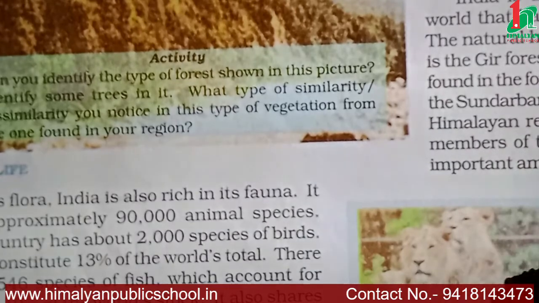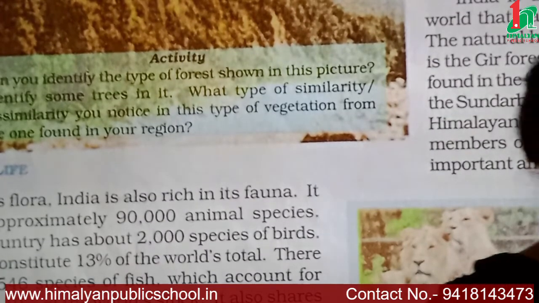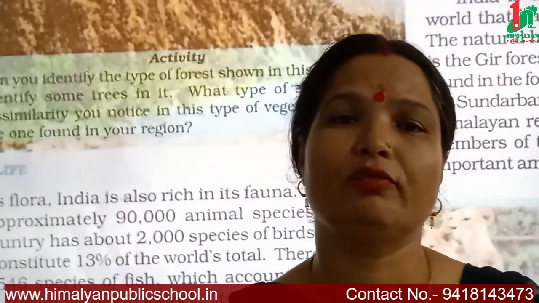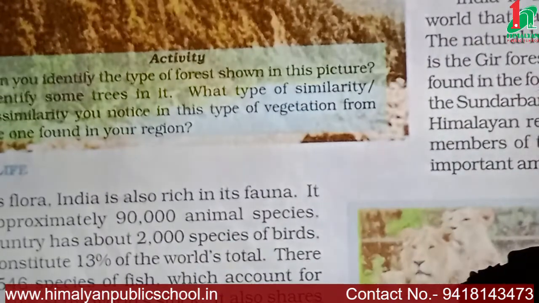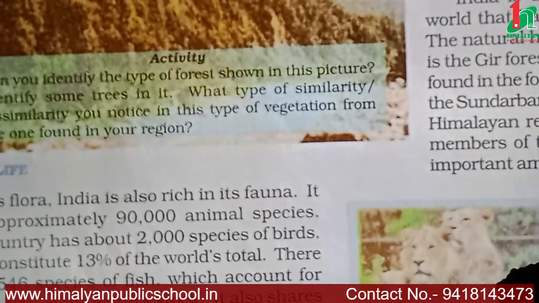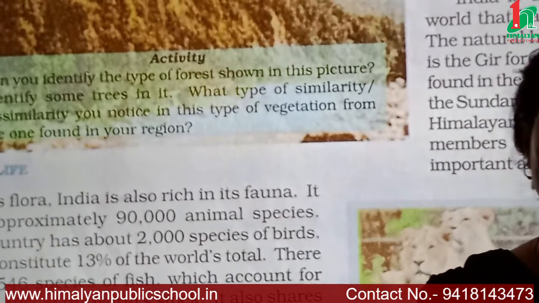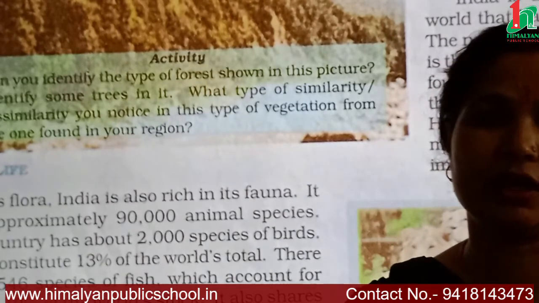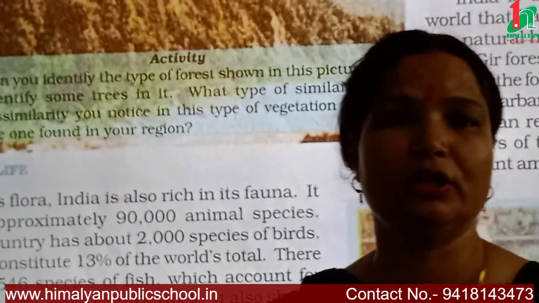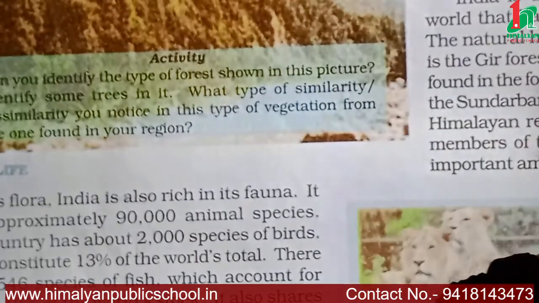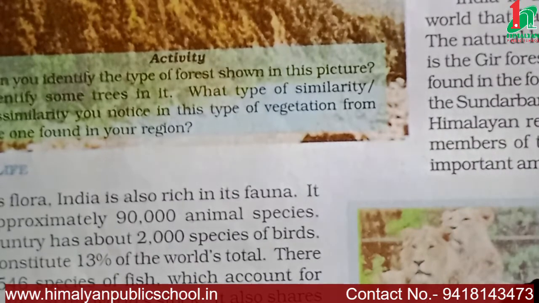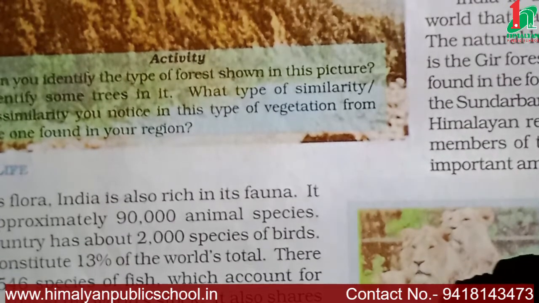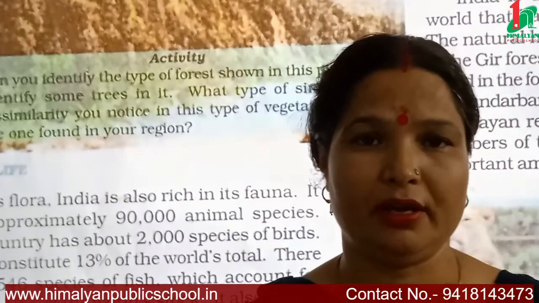Here we divide natural vegetation into two parts. The one is flora, and the second one is fauna. Flora denotes the plants, and fauna denotes the animals. In flora we already discussed relief and climate, meaning in what type of climate we find it.